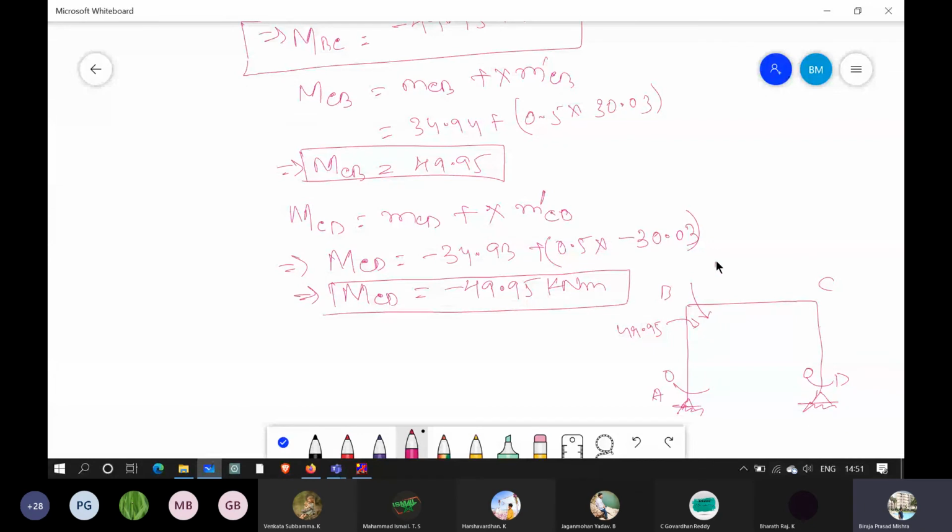This is at how much distance? 2 meters. This is 6 meters.